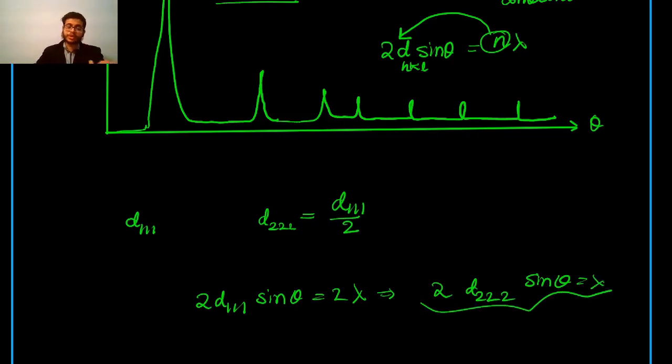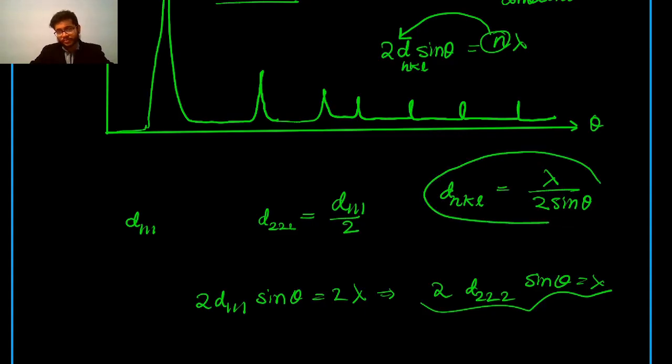The n is absorbed into the d, so we are going to get rid of n. From that, what we know is d_hkl equals lambda by 2 sine theta. This is an important relation that we will be using.